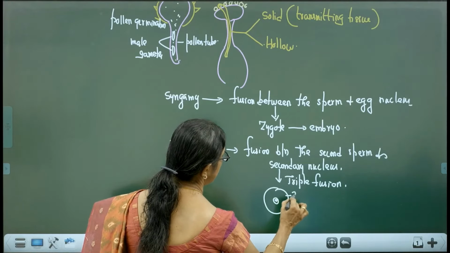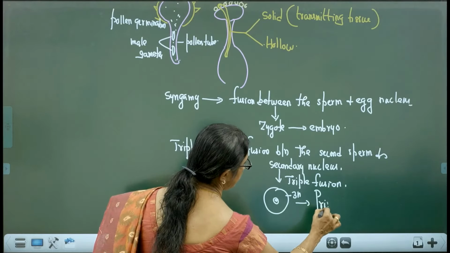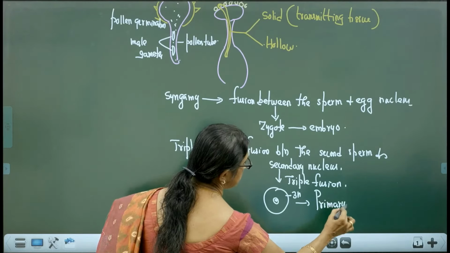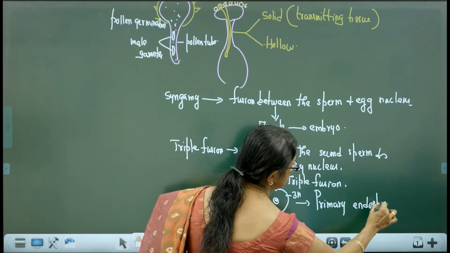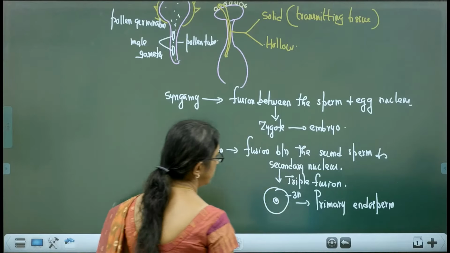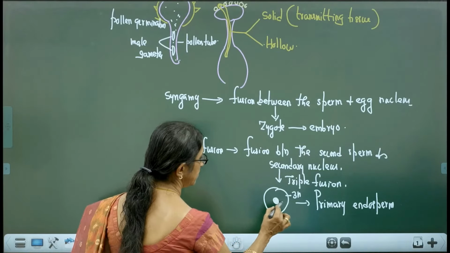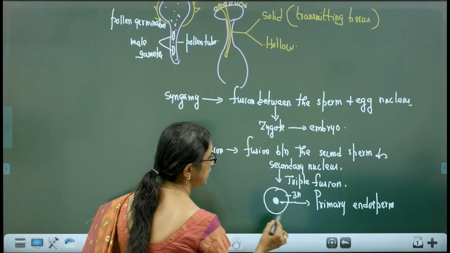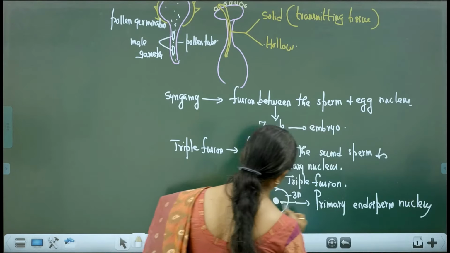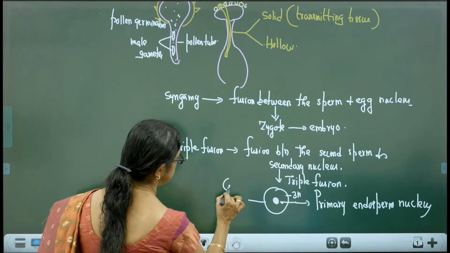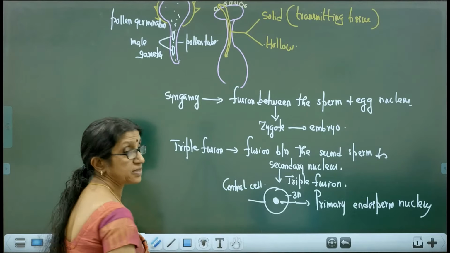This is 3N, and it is called a primary endosperm nucleus. This is the cell, and this is the nucleus. This is the central cell, actually, where the triple fusion occurs.